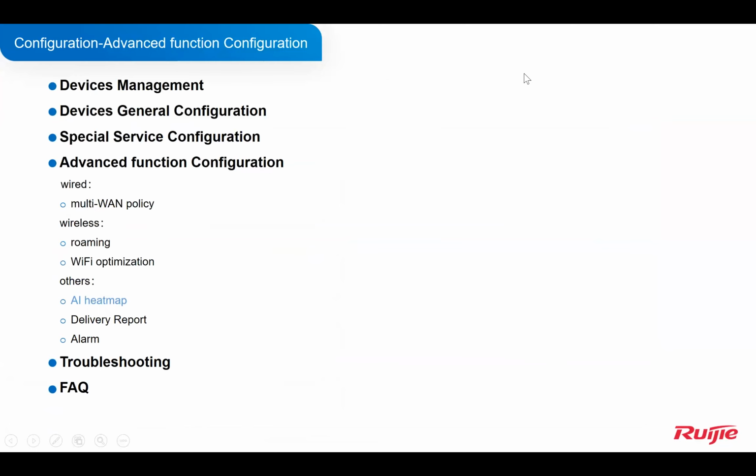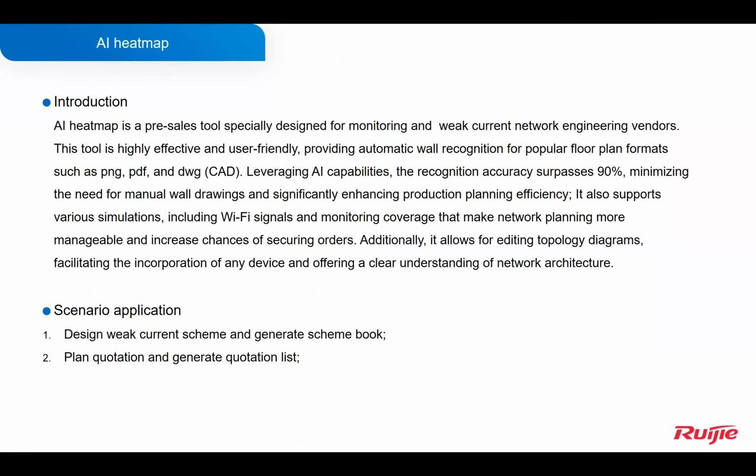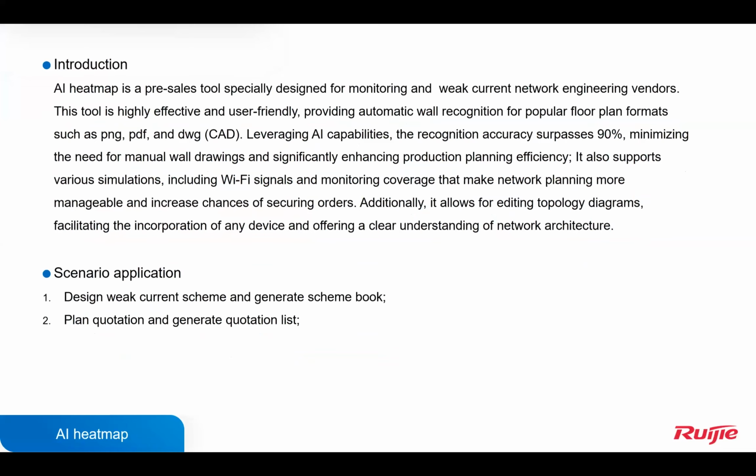Okay, and after that, we will introduce the new function. It's the AI heat map. Actually, the AI heat map is a pre-sales tool for us to design our network. And our AI heat map provides some functions.